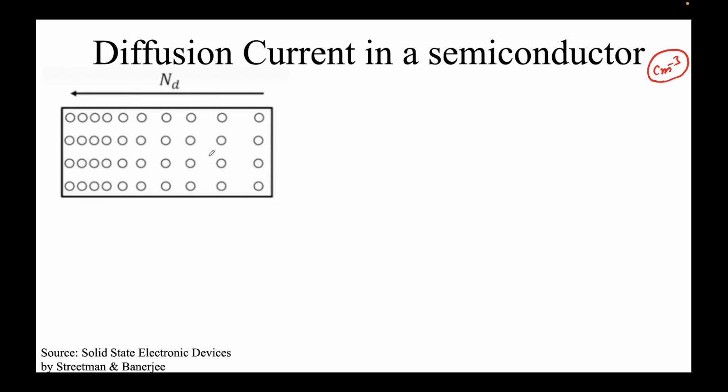On the left side it's highly doped with Nd, the dopants. Here on the right it's lightly doped. So on the left side we will have a higher amount of electrons, and on the right side a low amount of electrons. This means there is a gradient in the concentration of electrons. Left has high, right has low, so the electrons will flow from left to right.